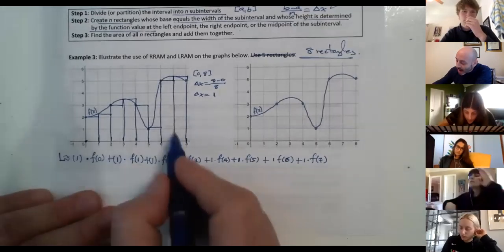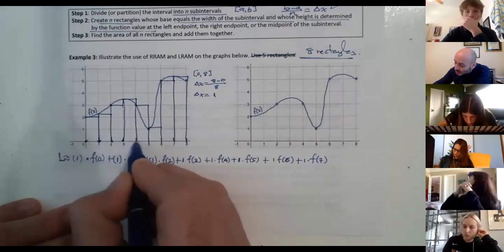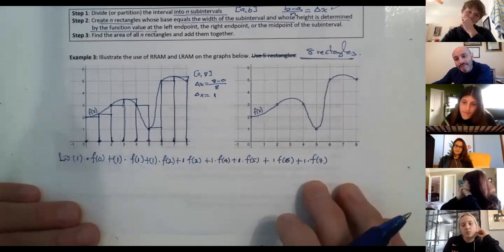Because I go up to here, right? The left endpoints, I'm marking them in each subinterval, and that's it, right?